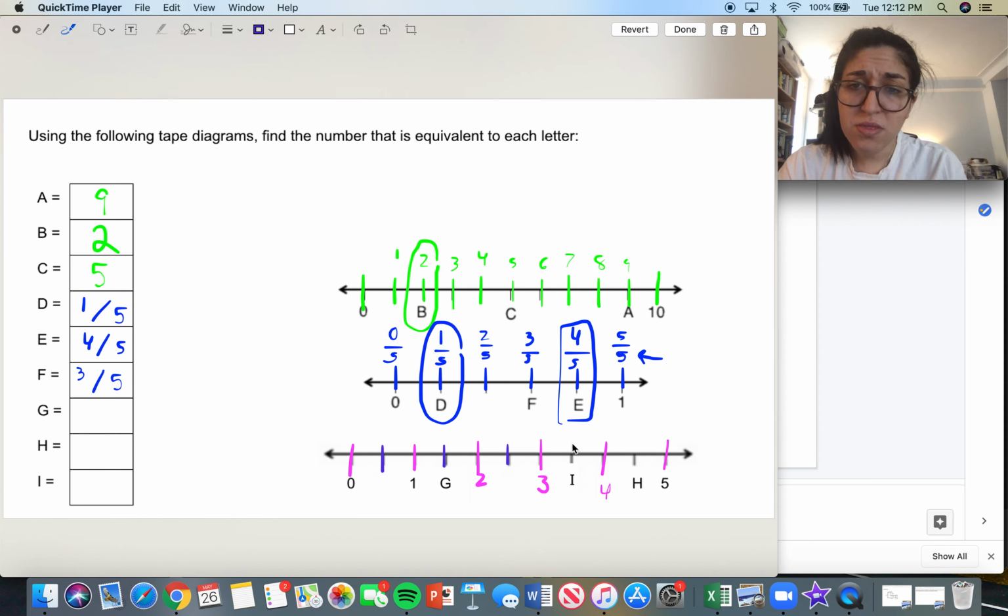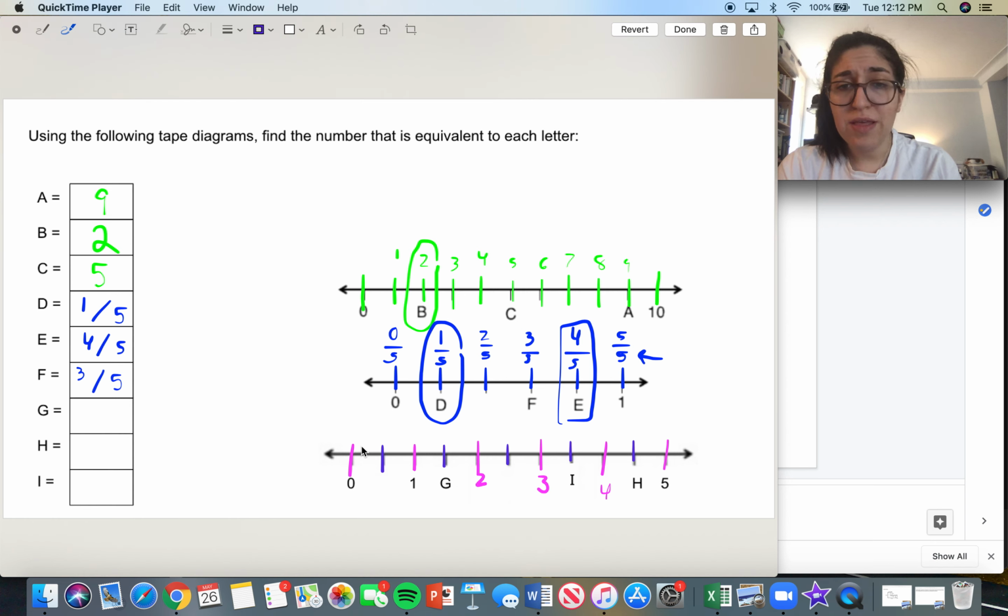Well, I see that there's only 1 mark between each whole number. And I know that this length and this length need to be equal, need to be the same. So what falls exactly between 0 and 1? Exactly in the middle, halfway between. Half.